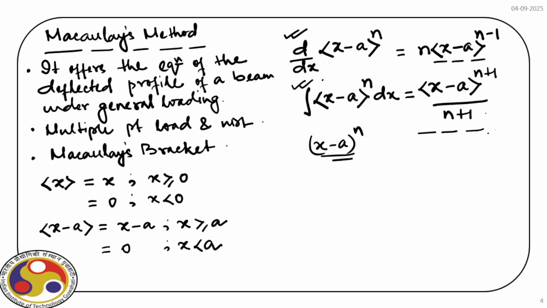Now the main feature is within this bracket, if we have negative, obviously the value will be 0. That means that expression will vanish if we have negative within this Macaulay bracket. Now let us see how we can use this and solve the bending problem if we have a general type of loading.